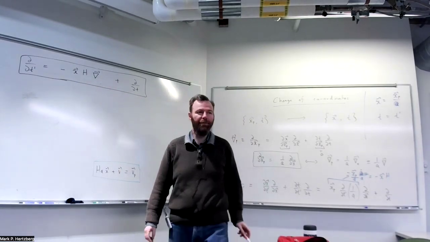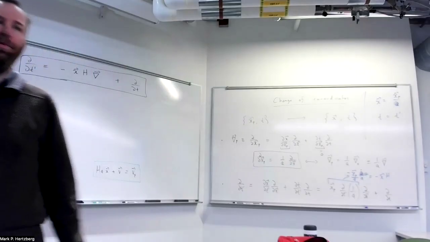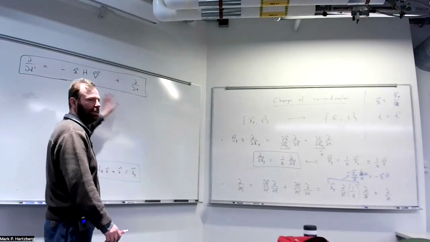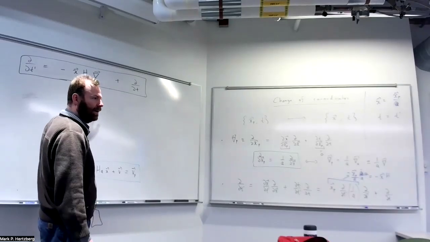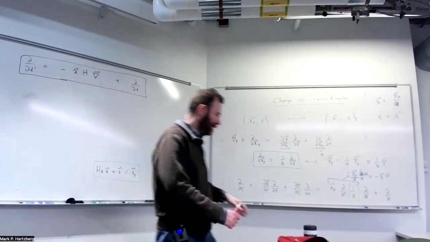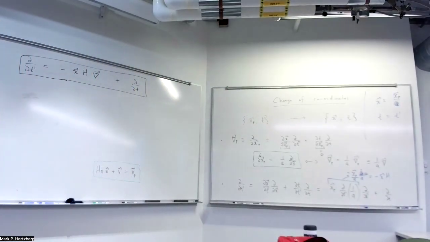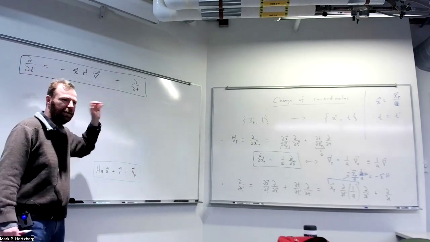Okay, so let's flesh out what we're doing here. This equation at first sight looks nuts because t equals t prime. So how could d dt prime be anything other than d dt? But there's a correction. Maybe it's like the fun and games you might find in thermodynamics when you do all these partial derivatives and things get confusing. Why is it possible that d dt prime is different than d dt?